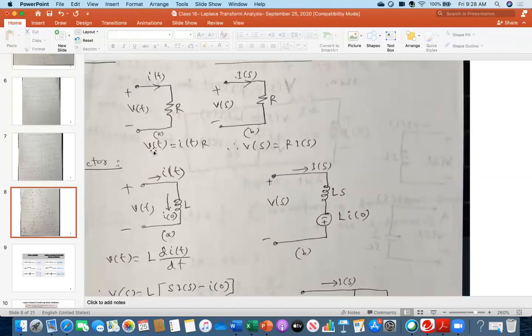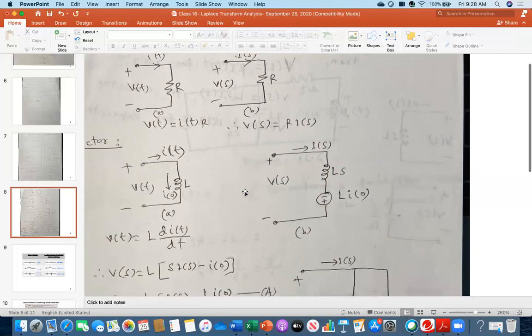Then you all know that v(t) is i(t) multiplied by R. Now here is the Laplace equivalent, where I use the symbol s. V(s) is I(s) multiplied by R. So when you convert from the time domain into the Laplace domain, R does not change; it stays as it is.